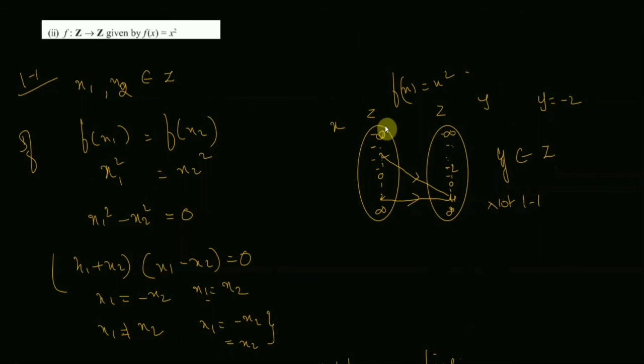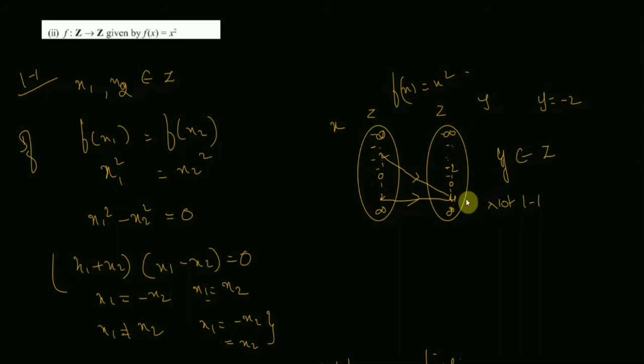It is actually a set of integers, so negative numbers we cannot find. Not only that, the other numbers, suppose if you take 3, root of 3 is an irrational number. It is not there in the set of integers. Onto function means all the elements in the codomain should be used, but here some elements are left out.